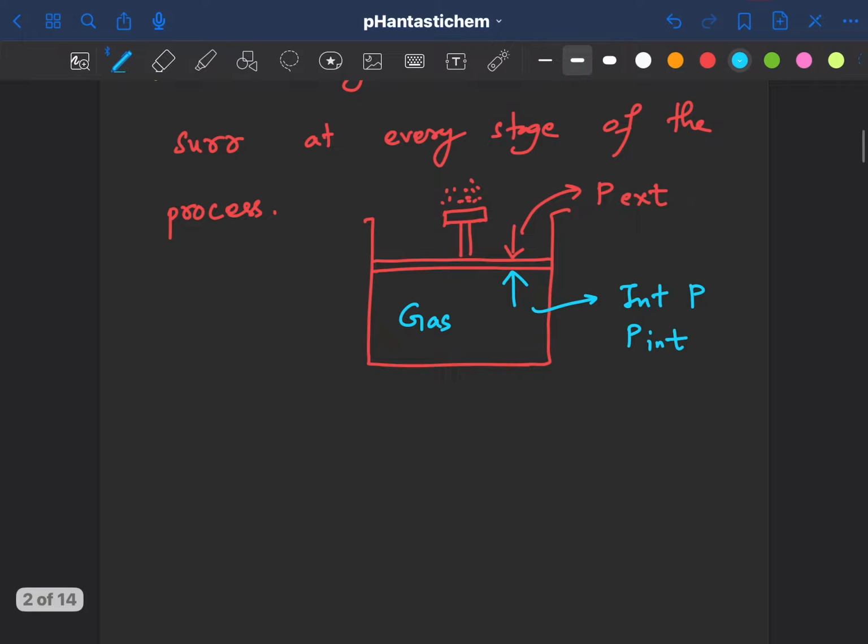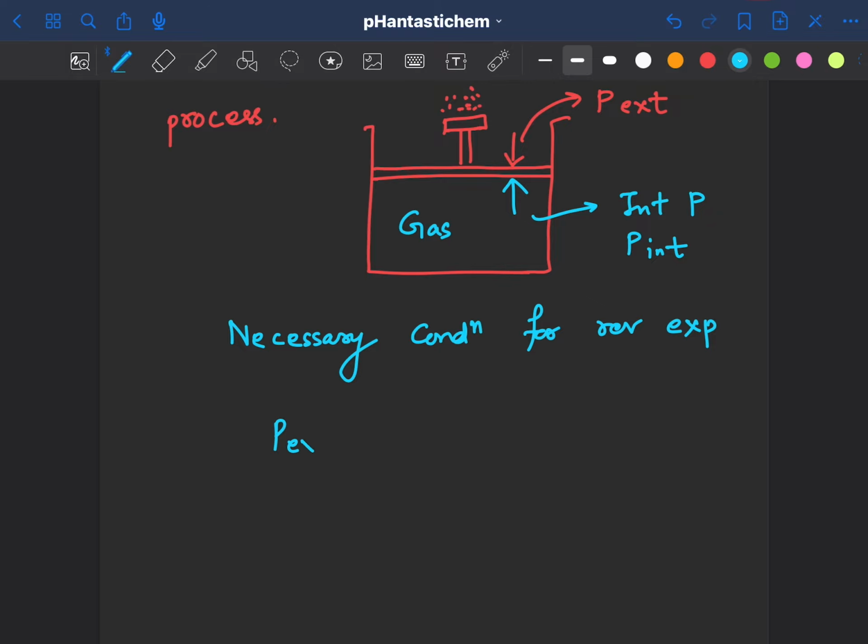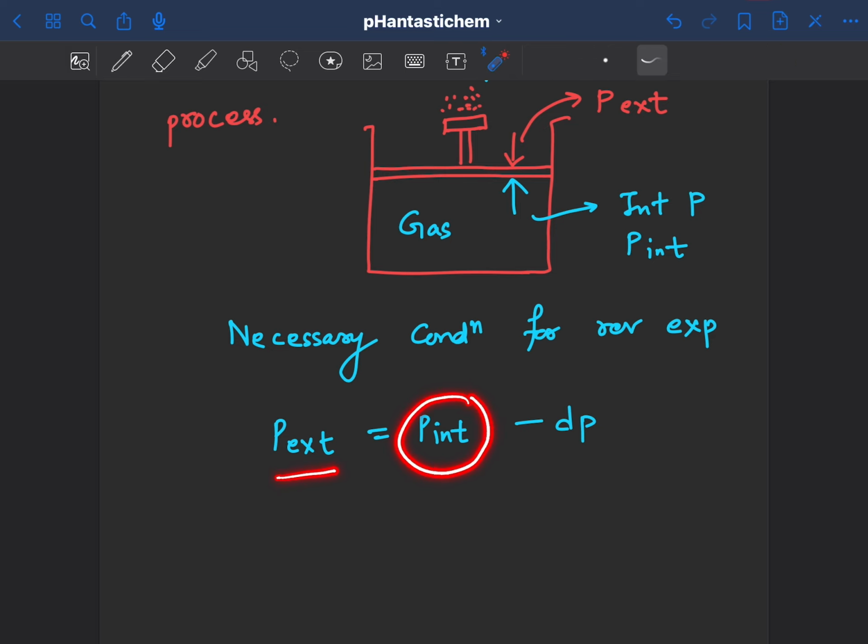So the necessary condition for reversible expansion is P external is equal to P internal minus dP, right? So you can see the external pressure is lesser than the internal pressure by a very small amount. That's why it is a reversible process. Since the external pressure is less, the gas will expand.